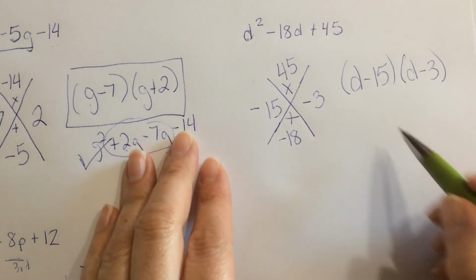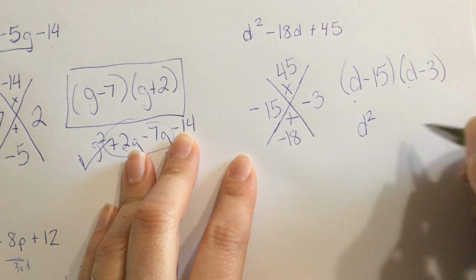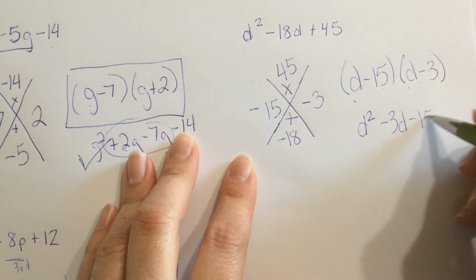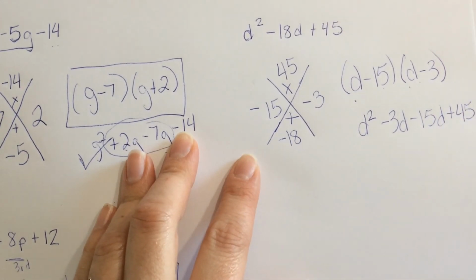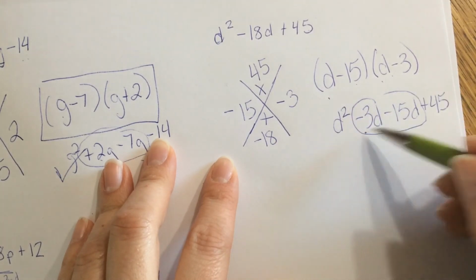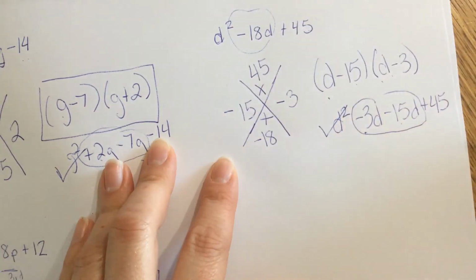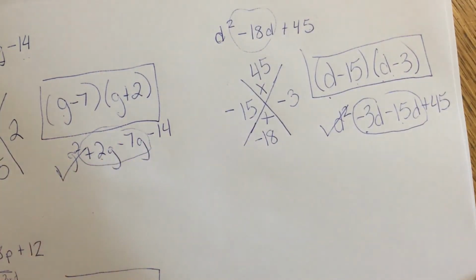When I check that answer with FOIL, I have d squared minus 3d, insides minus 15d plus 45. When I combine these middle two terms, negative 3d minus 15d, I get that negative 18, which is what we wanted, so I have it correct.